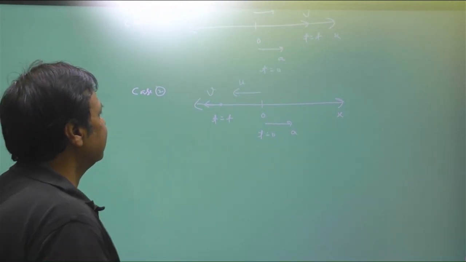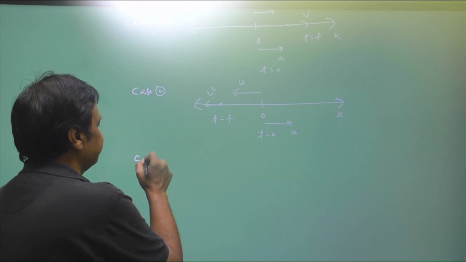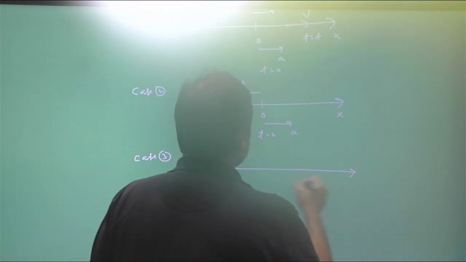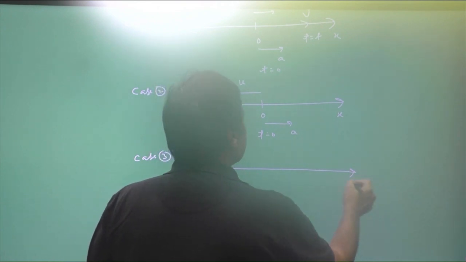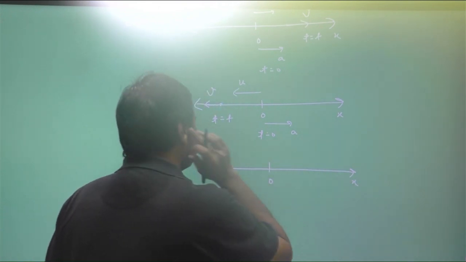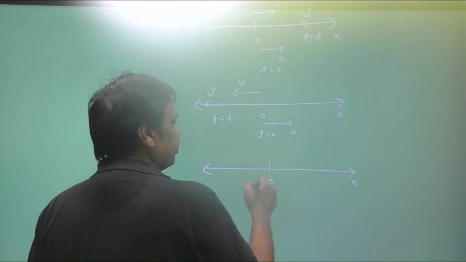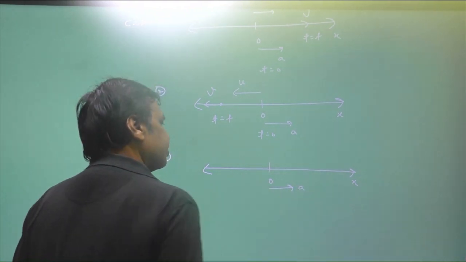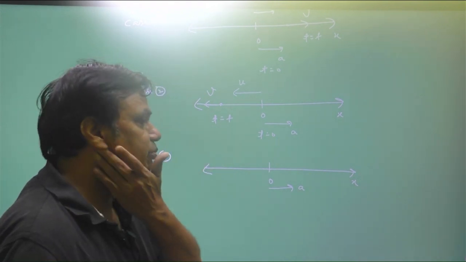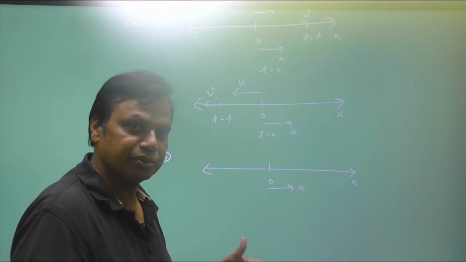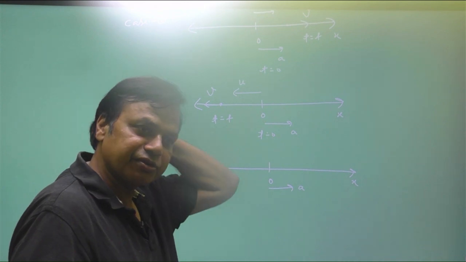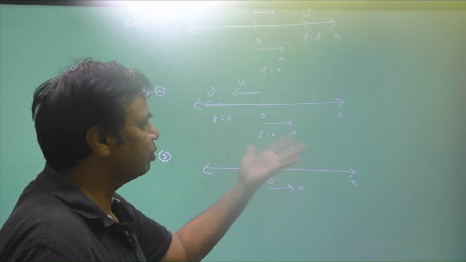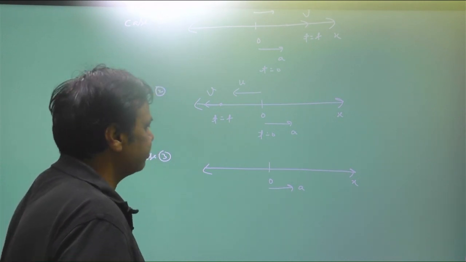And another case is possible, that is case number 3. Suppose the particle is at origin, its acceleration is in this direction. It will always be, because the particle is moving with constant acceleration, so its magnitude and direction remain constant.